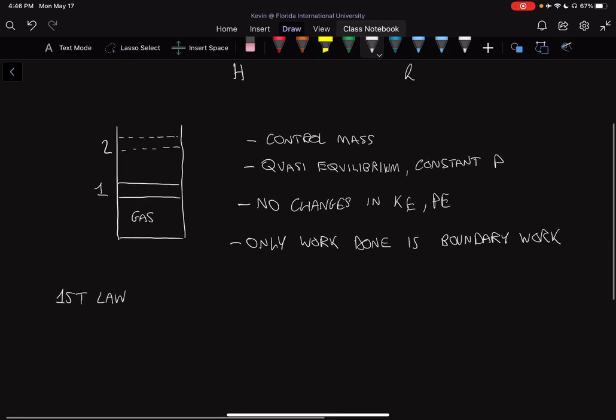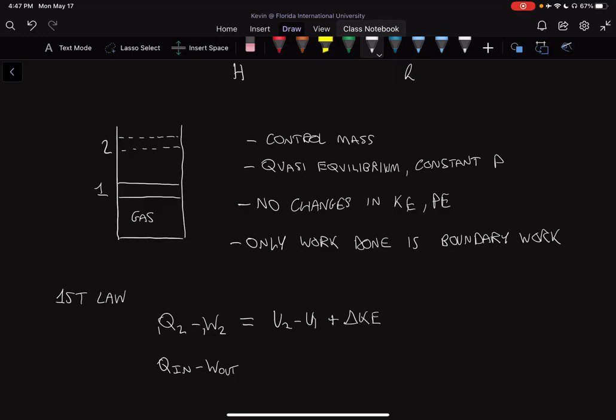Remember, the first law is Q from 1 to 2 minus work from 1 to 2, or it can also be written as Q in minus work out. Whichever way you prefer to write it is fine. And it's equal to U2 minus U1, those are capital U's, plus delta KE plus delta PE.